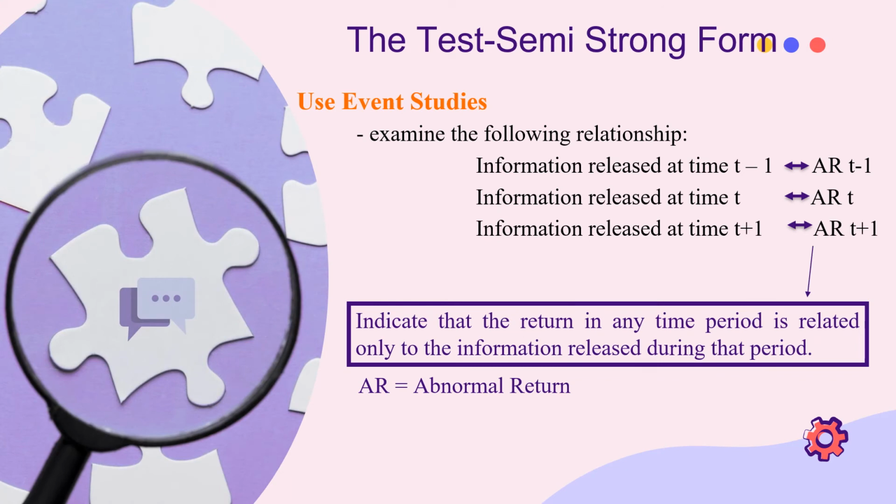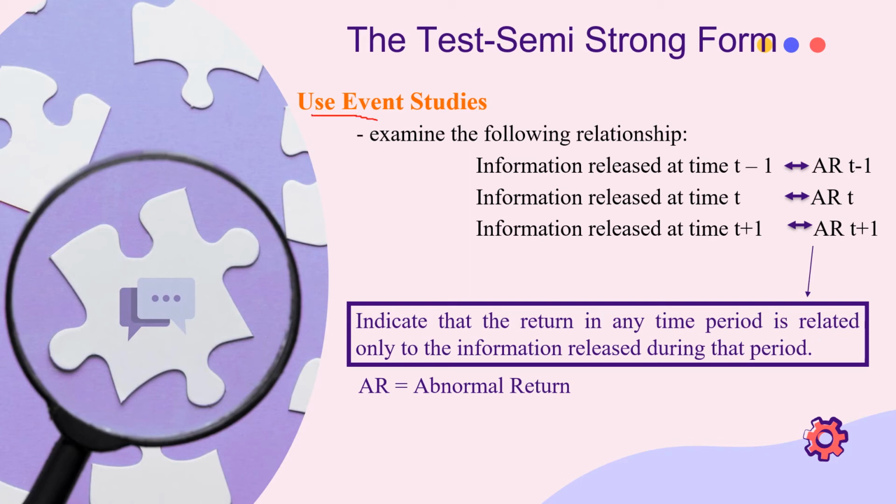Okay, based on the statement we learned, which is that in semi-strong form efficiency, the price will reflect past information and public information, we want to prove whether this statement is true or not, whether it can be used or not. So we use a test to prove the evidence.